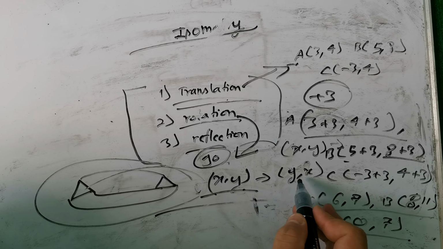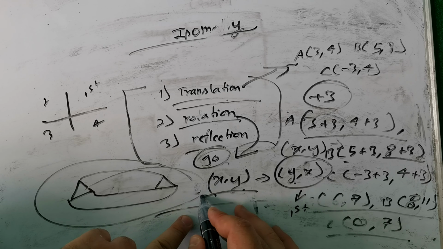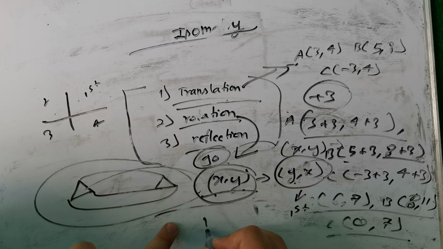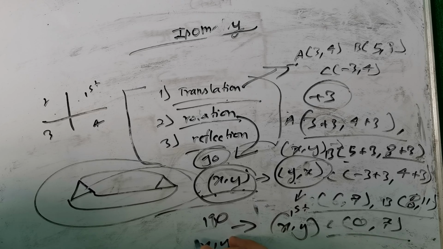This is the first quadrant, this is second, third, fourth. And if the rotation is 180 degrees, then (x, y) goes to (x, y) in the first quadrant. If the rotation is in the second quadrant, this becomes (-y, x) at 90 degrees, and at 180 degrees it becomes (-x, y).